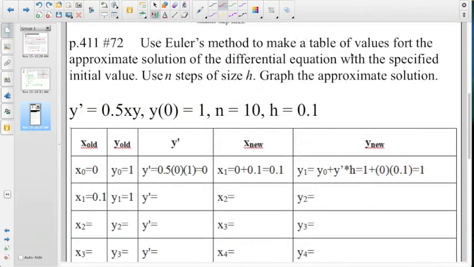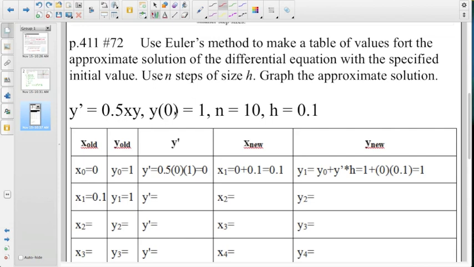In this example, we're going to perform several Euler's method calculations to approximate the solution of this differential equation, y prime equals 0.5x times y.